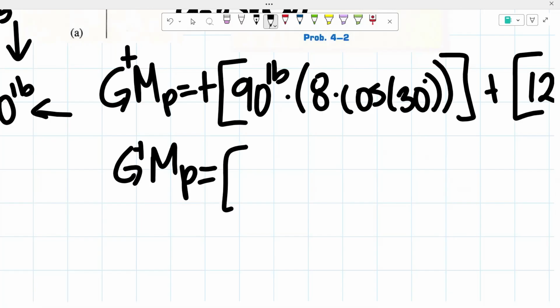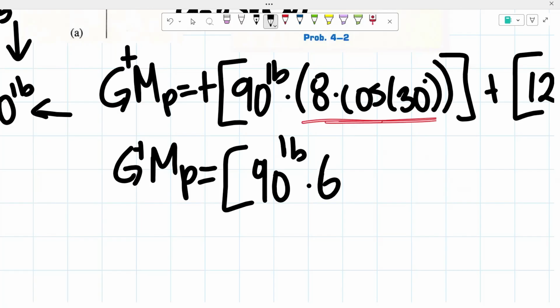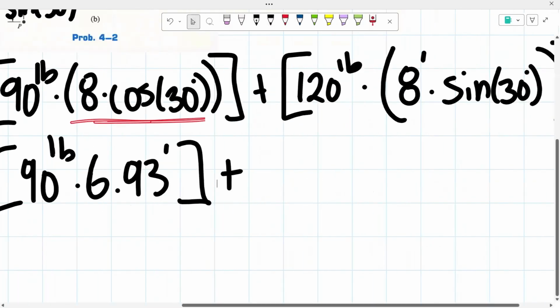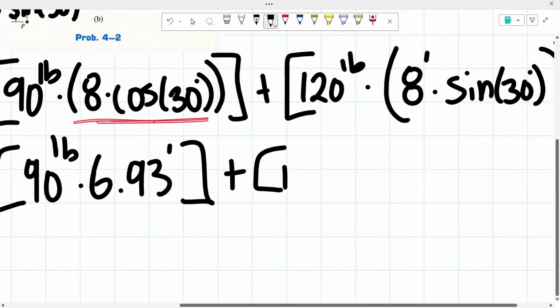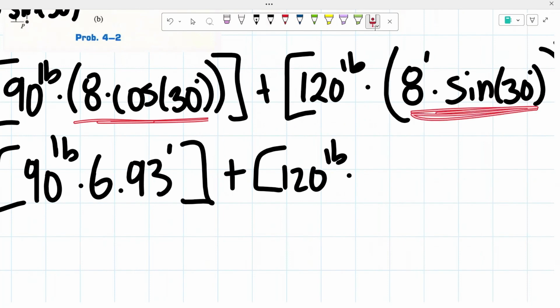And if we were to simplify this a bit, we could see that the moment about point P is equal to 90 pounds times, if we input this into our calculator, a distance equal to 6.93 feet, plus we have our 120 pounds times, if we input this into our calculator, a distance equal to 4 feet.